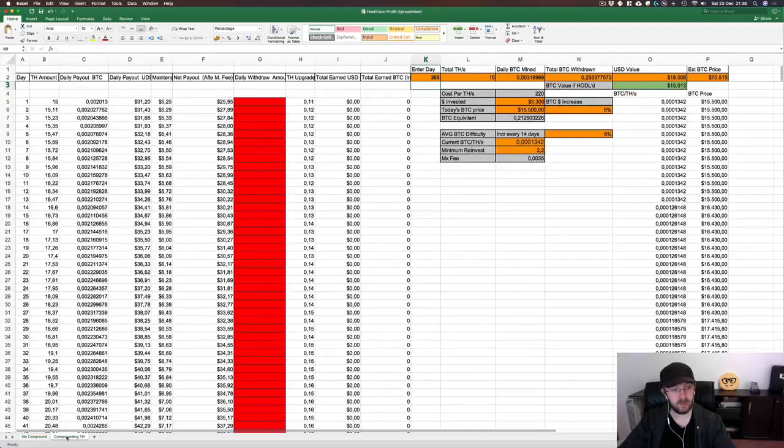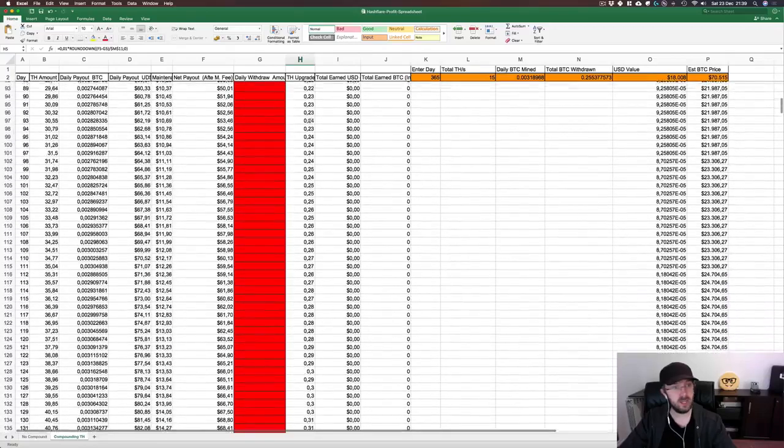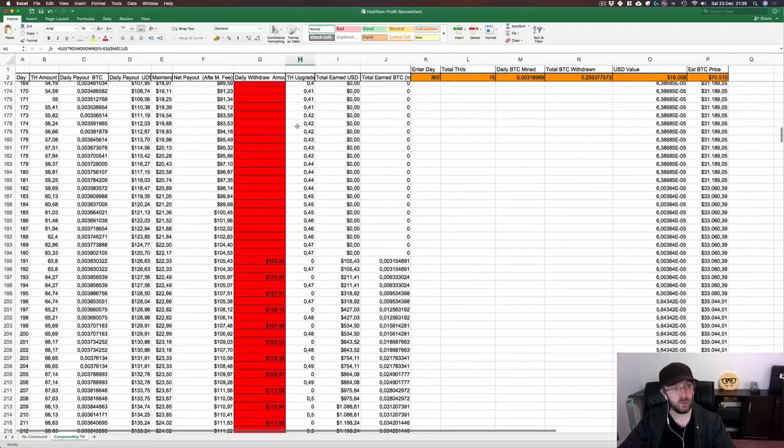And for the compounding example, we will again start with 15 terahashes, but every day our daily payout will be used to increase our terahash power. So we will do the same the first 190 days, and we will end up with 63 terahashes.